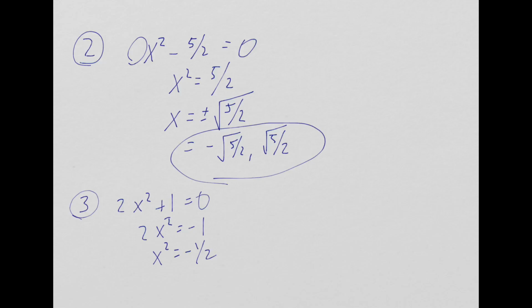You can try to use your calculator on that if you want. If you take the square root of a negative number, you're going to get an error on your calculator. So there's no answer to this. So we'd say there's no solution. So that's the square root method. You just got to remember it's something of the form ax squared minus p equals 0. You're going to get x squared by itself, then take the square root.